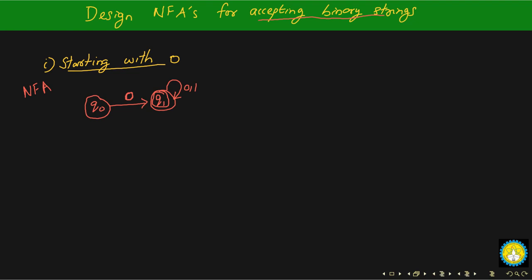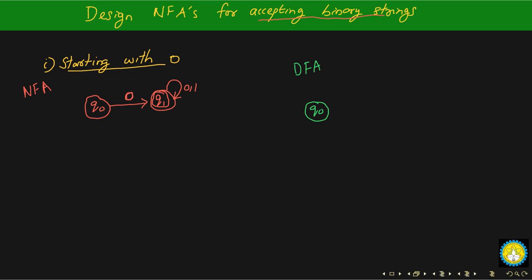Now, for comparison, let's draw the DFA as well. If you want to draw its equivalent DFA, it will be something like this. You start at Q0. Actually, you can pause the video here, try to do it on your own, and then compare your answer.